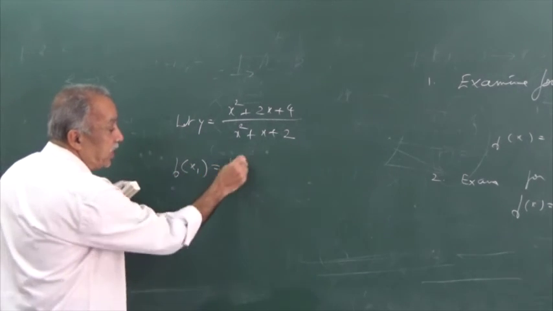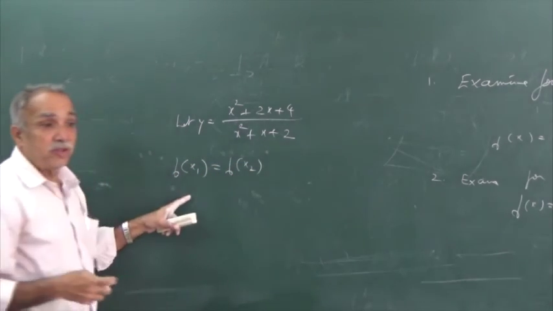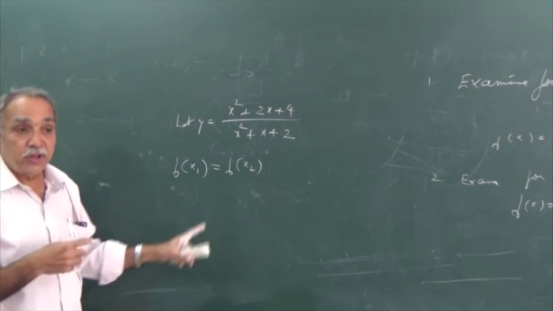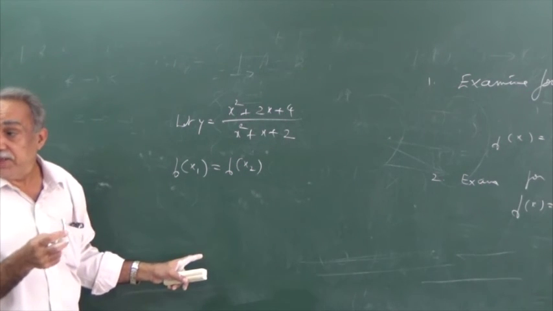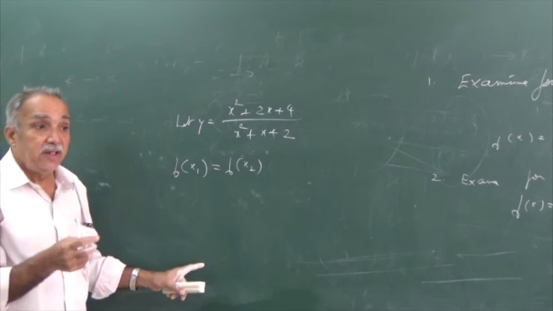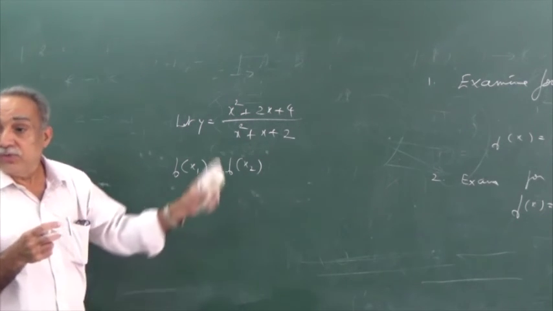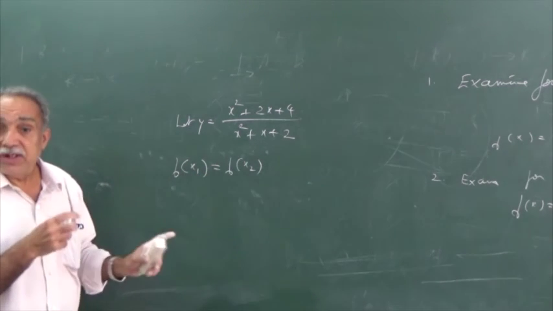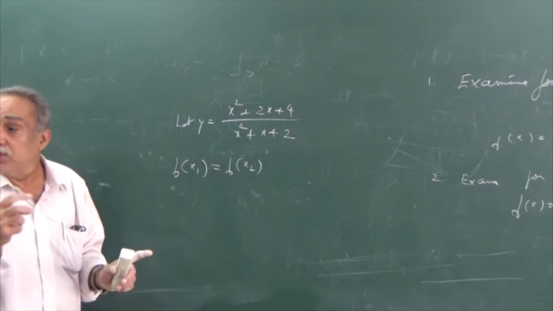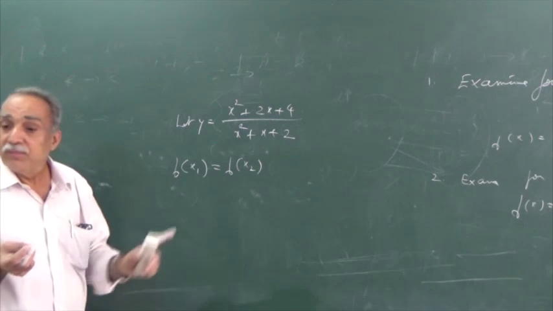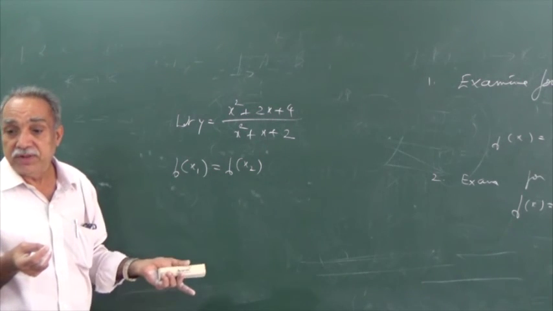I start with the equation f(x1) = f(x2) and try to find out what this implies. If I finally get only x1 = x2, conclude the function is 1-1. If I get x1 = x2 or something else also is possible, the conclusion is the function will not be 1-1.